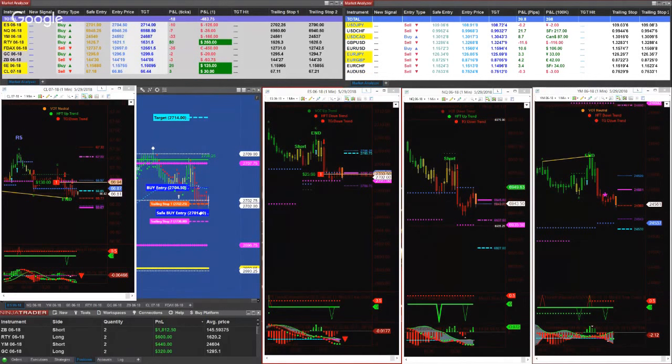I can see some entry, but I don't want to do it. If you look at the Nasdaq, we have a resistance pullback re-entry. Those are my favorite trades. It is a beautiful entry, but I didn't want to take it because of this chop market right now. I don't want to increase the trades.